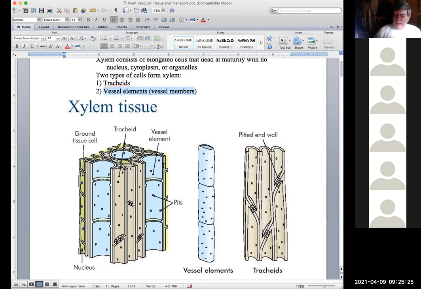A vessel element is much bigger and has a much larger interior. This interior is called the lumen. Anytime we have a structure like a pipe in a body, the inside of that pipe is the lumen. So the lumen is much bigger, which helps water move more rapidly through the vessel elements.